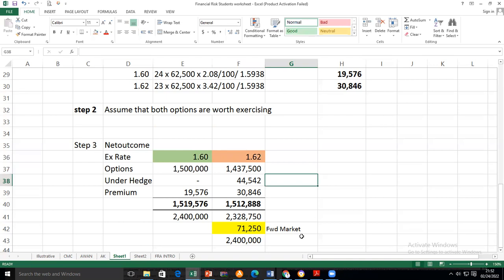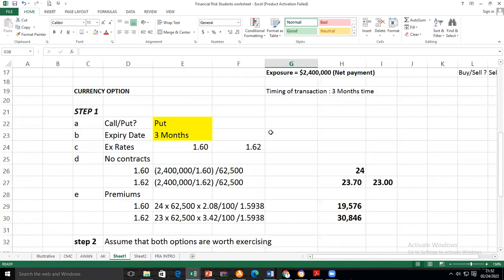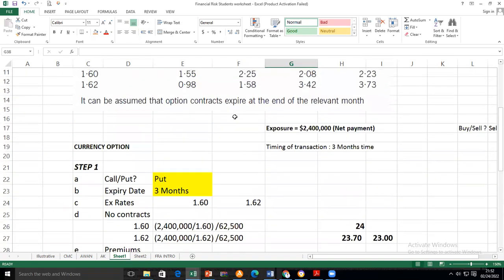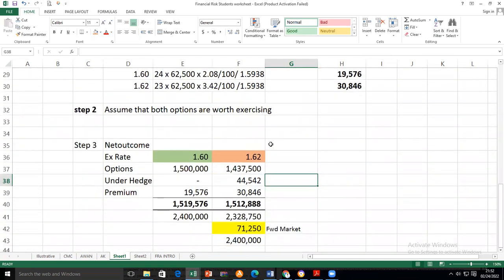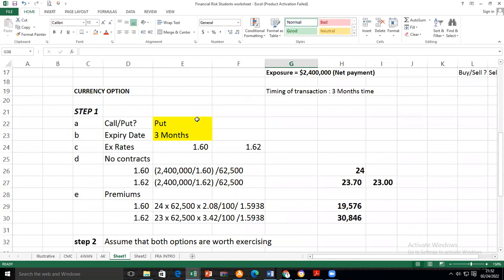Now, this format that you see here is standard in almost all questions. Like myself, each time I come across a question, I'll be cutting and pasting the same.